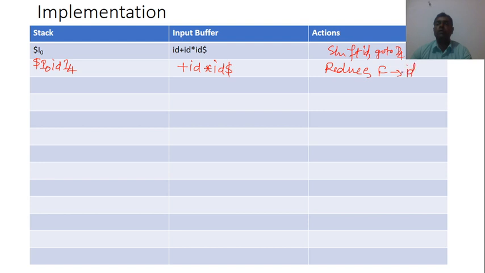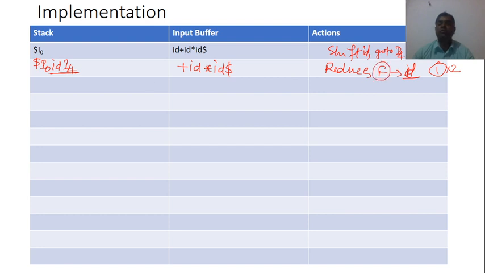How will you reduce that? Here just find out the symbols that are present on the right side. How many symbols are present on the right side? 1, multiplied by 2, that is 2. That means you have to pop 2 symbols from the stack and put F in place of those symbols.